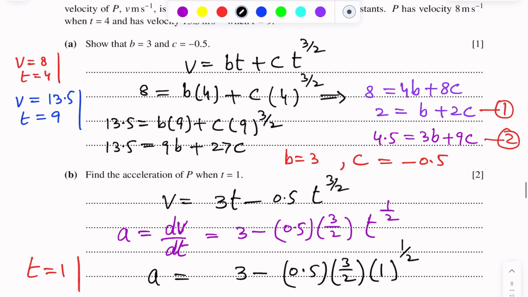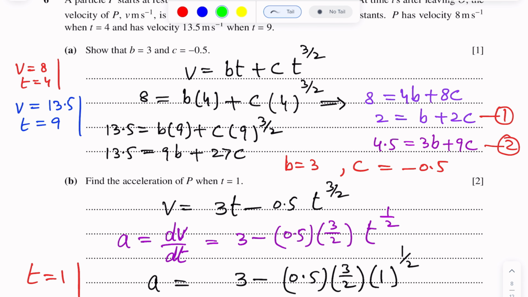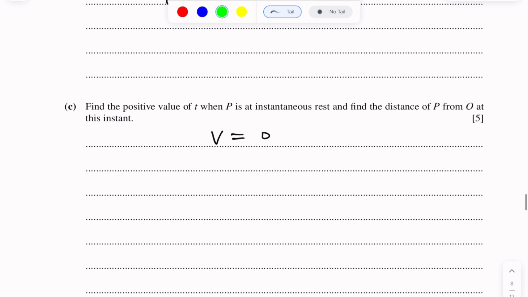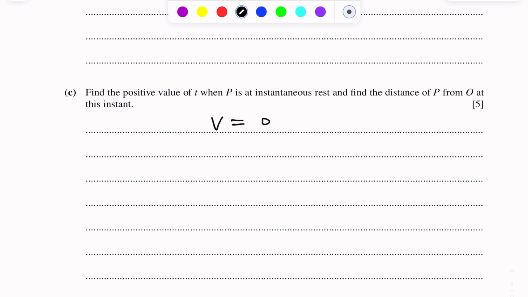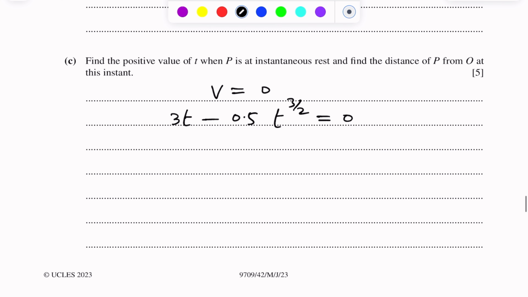So v is this, 3t minus 0.5 t power 3 over 2. This means that 3t minus 0.5 t power 3 over 2 is equal to 0. From here we will find the positive value of t. So first we can write 3t is equal to 0.5 t power 3 over 2.